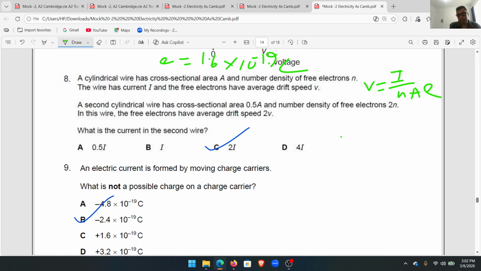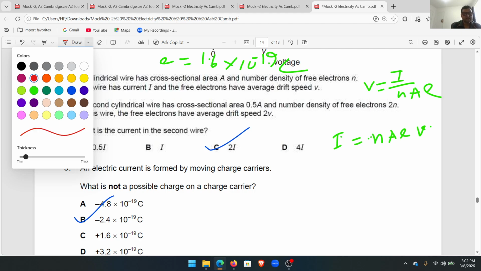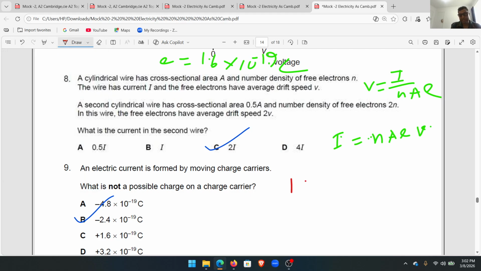Okay, look, for the first one, I equals NAEV. Now, for the second case, if it is I2, it will be what? NAEV.